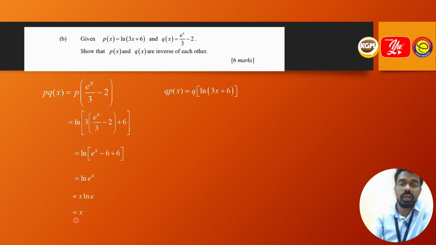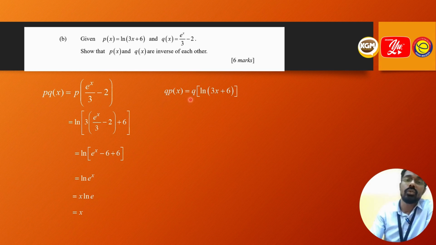Let us go and do the other one, which is Q composite with P. So we will start with P. So our P is this guy. So replace. I want to evaluate this. Of course, you can see the place of X now will be replaced by this chunk here, ln, which will give you this. Because the X has been replaced by this.